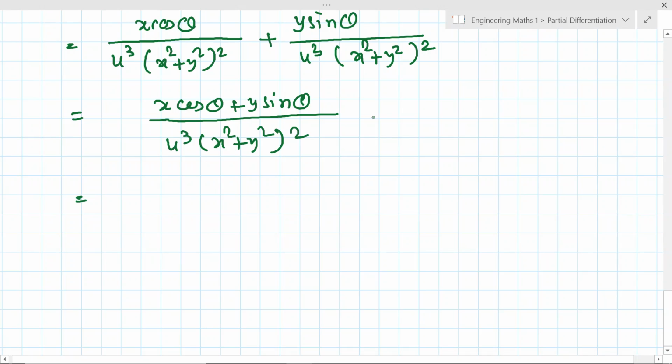This is equal to, and what is x cos theta? X is nothing but what? What is x in the given example? X is nothing but cos theta upon u. Okay, also substitute that value. X is nothing but cos theta upon u into cos theta plus y is nothing but sin theta upon u into sin theta, as it is.